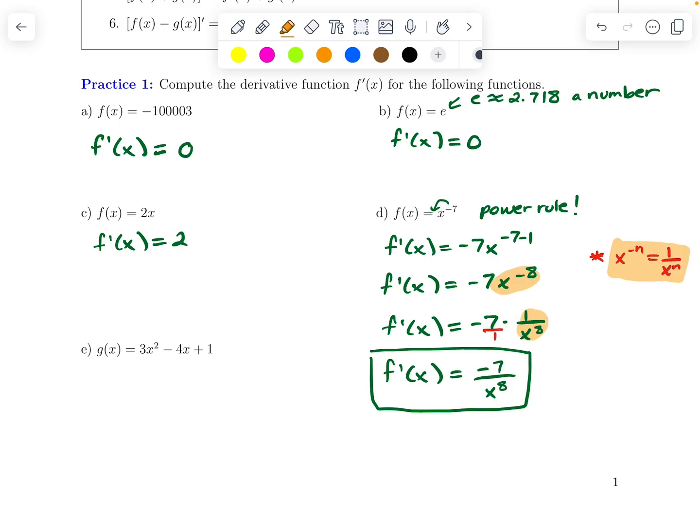Okay. All right. And so when we go to the next one now, we have a function minus a function plus a function. So I'm going to use not Leibniz notation. Sorry, we're actually going to do that later. But Newton's notation, right? Because Isaac Newton's the one that invented calculus.